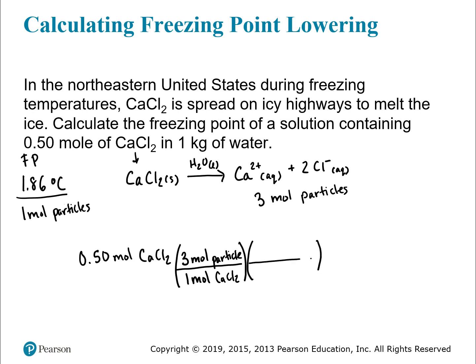And for every mole of particles, we're going to have a change in our freezing point of 1.86 degrees. So this is our change in temperature. We can only have 2 sig figs here.